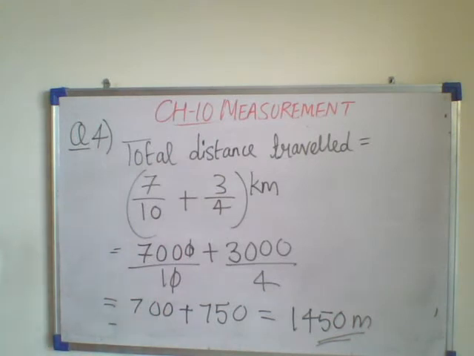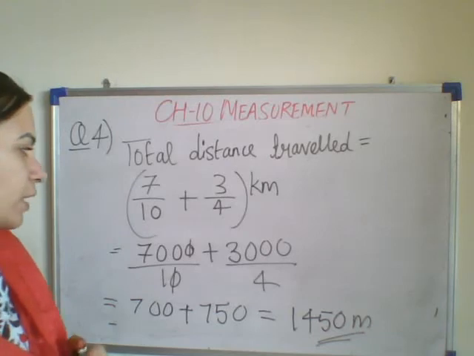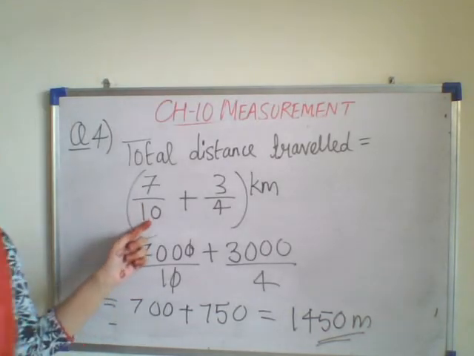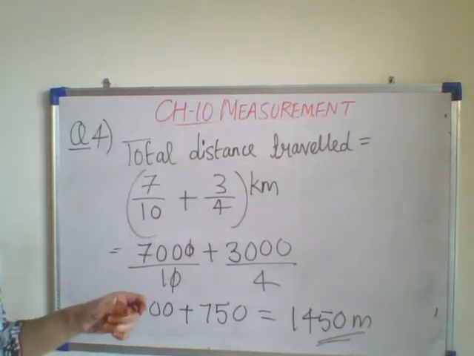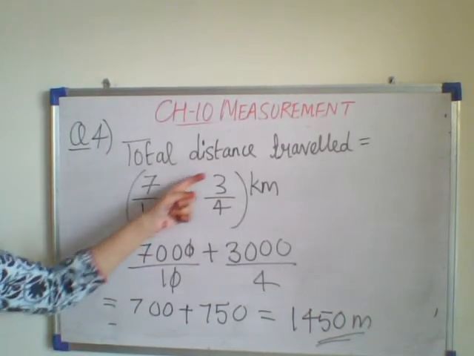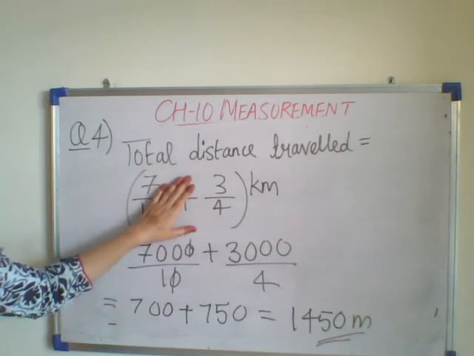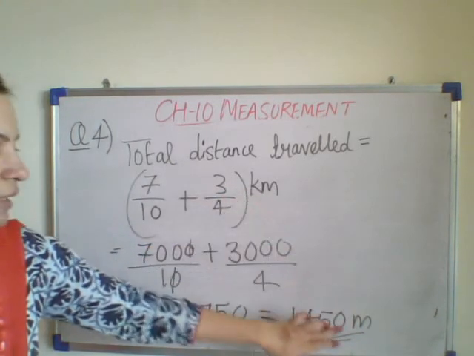So let us revise this question. We have to find the total distance which is travelled by Vedant. 7/10 km is the distance from home to bus stop, and 3/4 km is to the school. So we will be adding these two. We have to find the distance in meters.